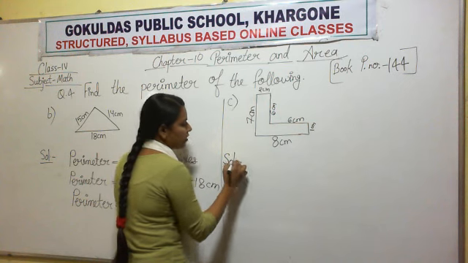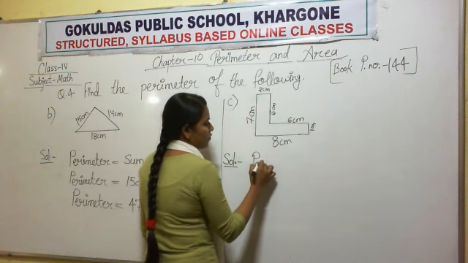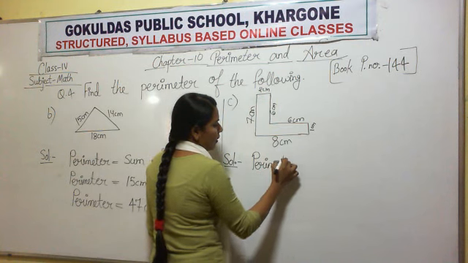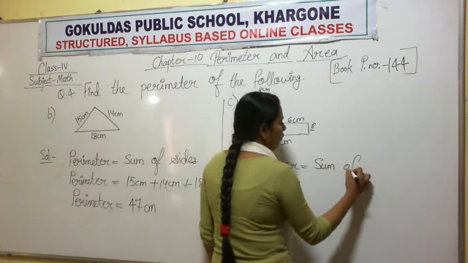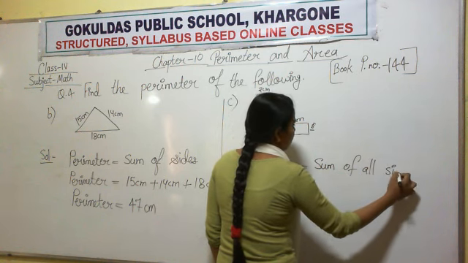Now let us find the perimeter. First of all, write the formula. Perimeter is equal to the sum of all sides.